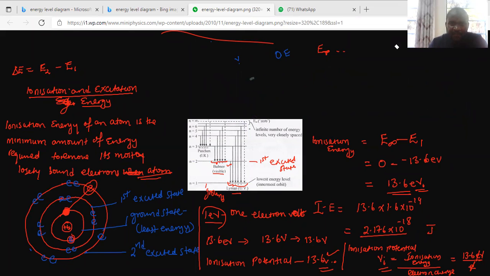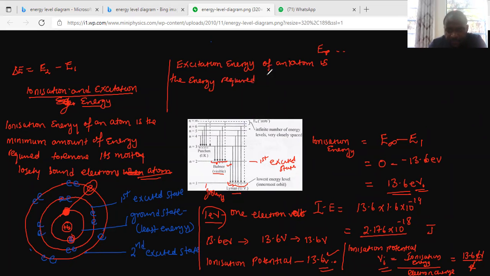So you can have excitation energy in this form. Excitation energy of an atom is the energy required to move an electron of an atom which is in its ground state to a higher energy level.